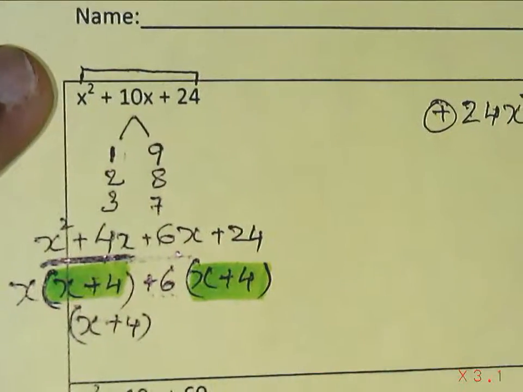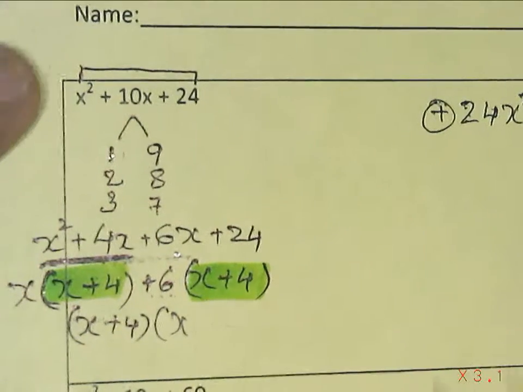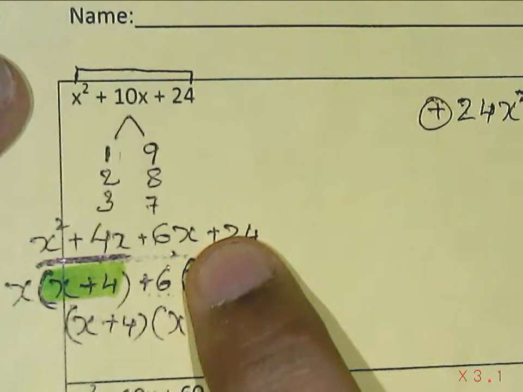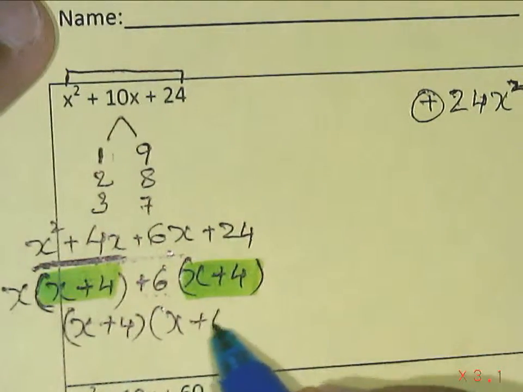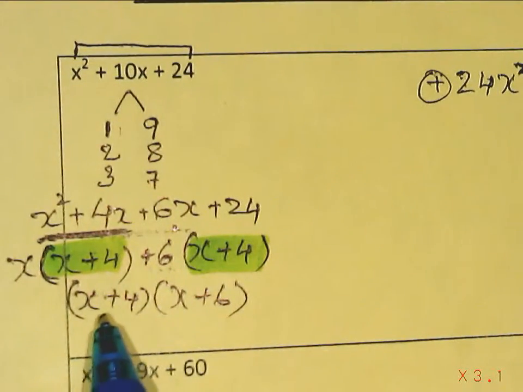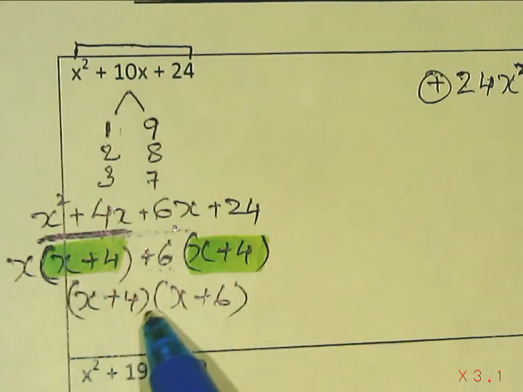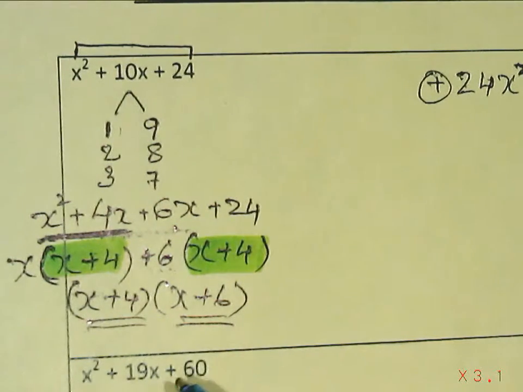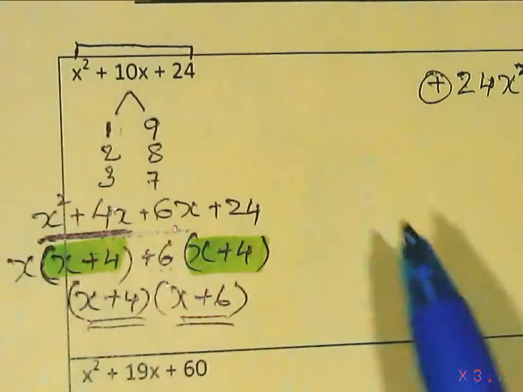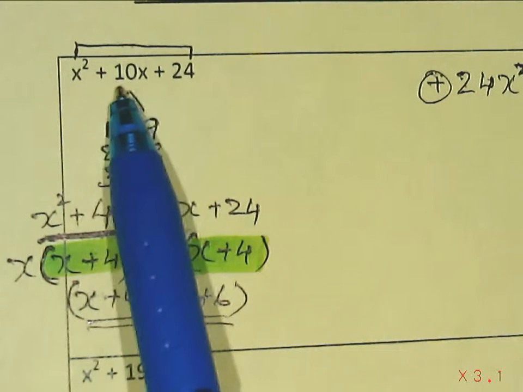And if x plus 4 is taken as common, you see that 6 is left here. Then it is x plus 6. Now you are writing it as a product. Parenthesis means nothing but product. So you are writing it as the product of two values. Therefore, this is factorized.